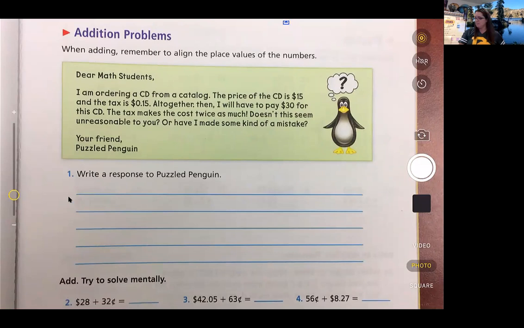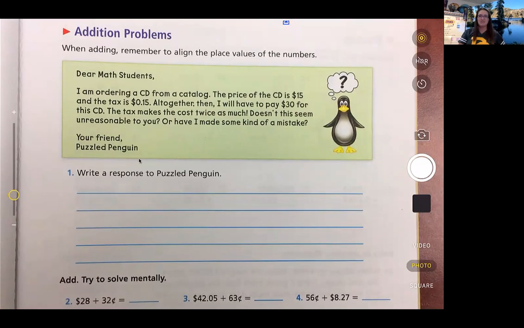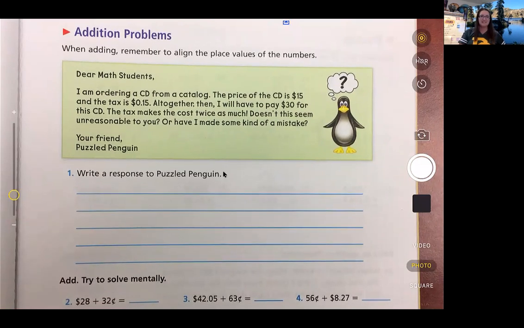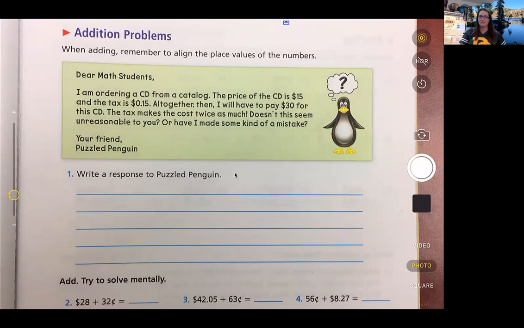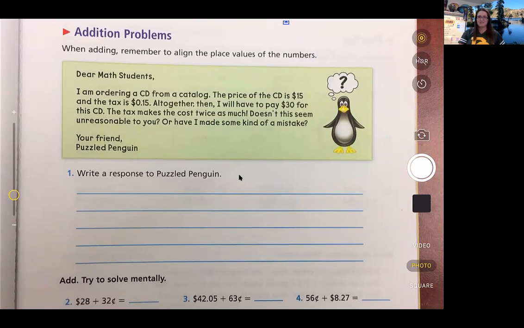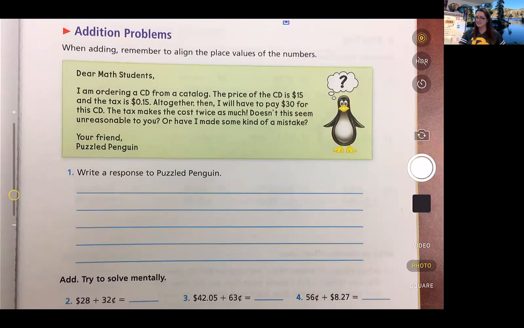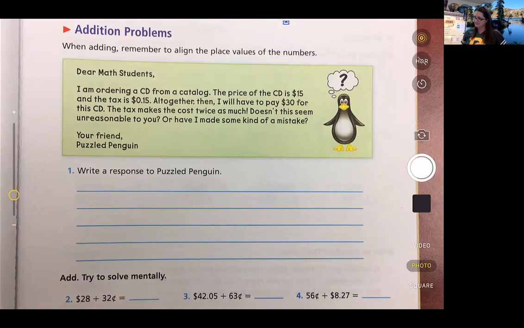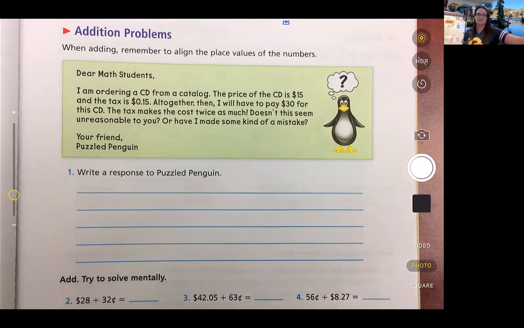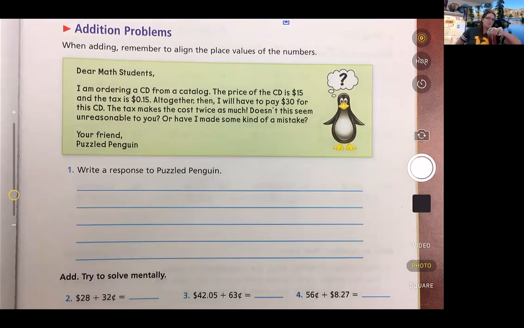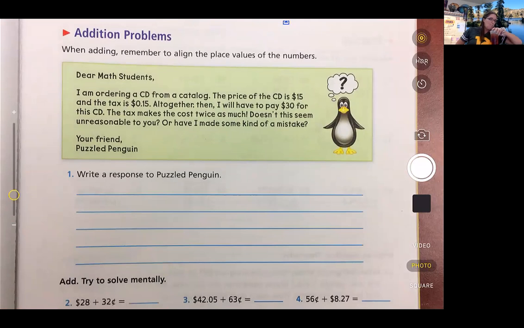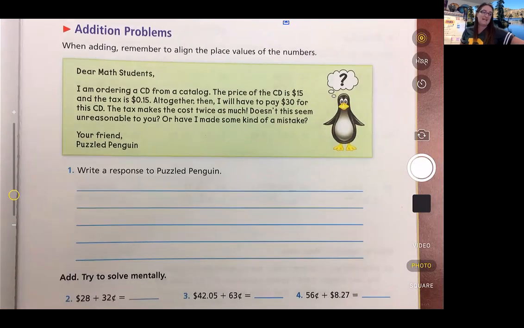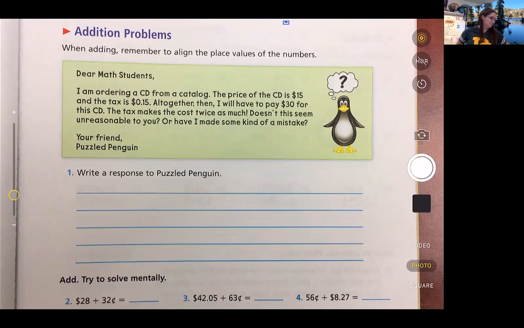Let's take a look at this Puzzled Penguin on page 47. Can I have a new volunteer to read this one? Dear math students, I am ordering a CD from a catalog. The price of the CD is $15 and the tax is 15 cents.